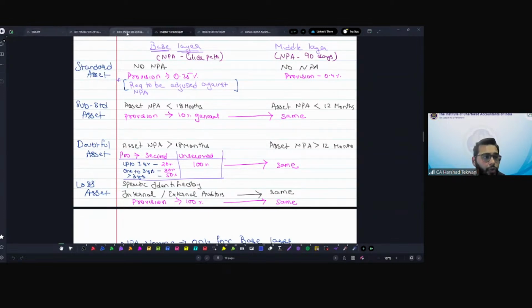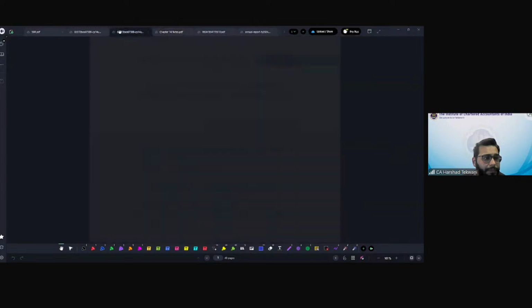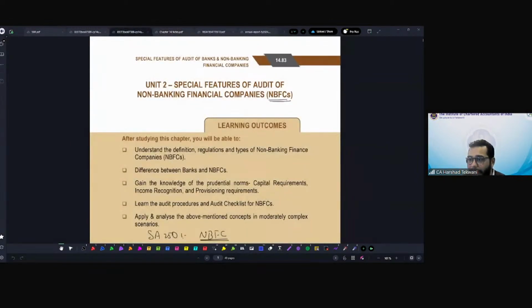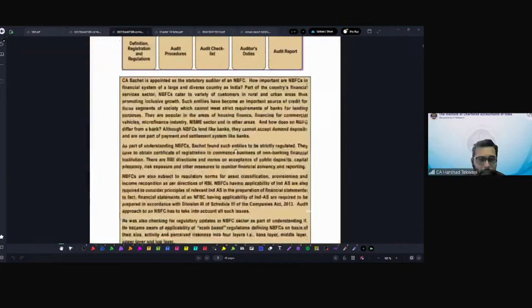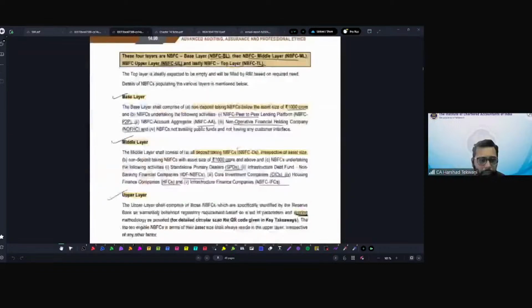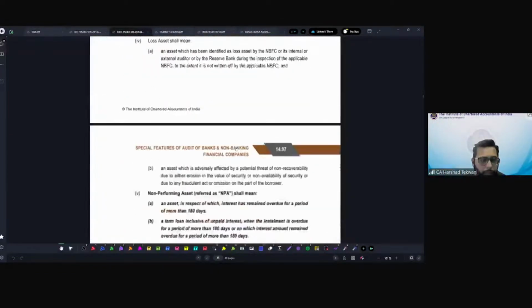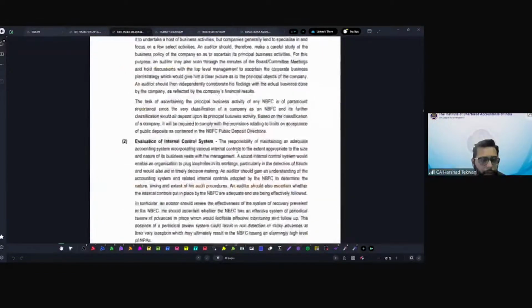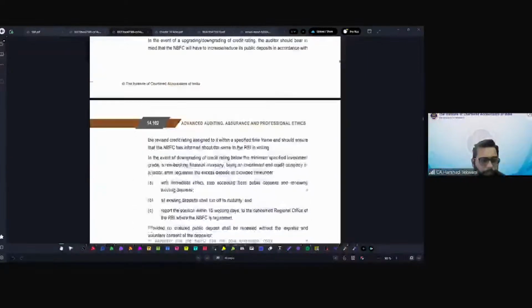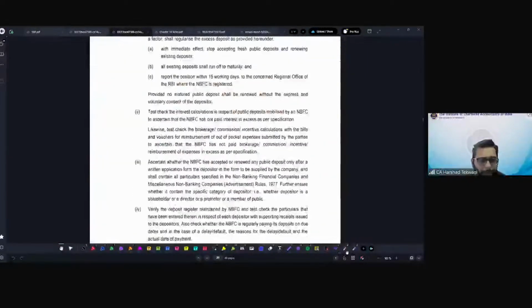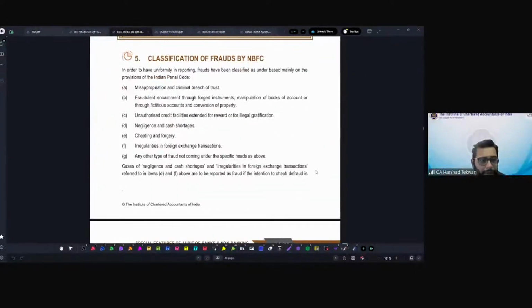So quickly we will go to the study material. Let's come to page number 14.104. So you have a classification of fraud by the NBFC in a particular category.